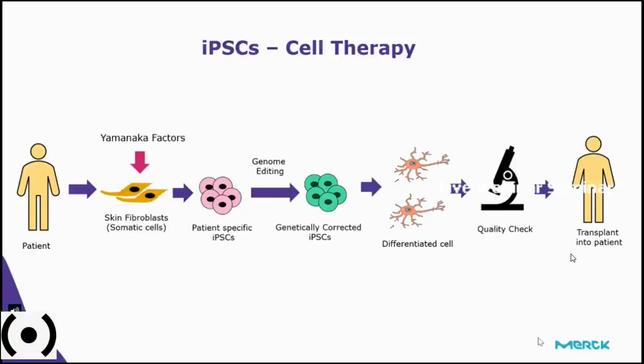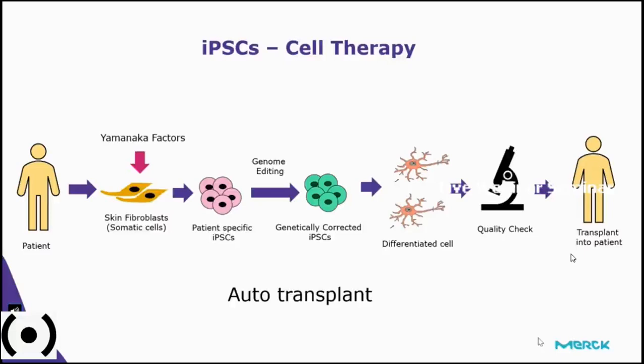These healthy neurons, because they are derived from the patient's own somatic cells, after checking the quality, can be transplanted back into the patient, right? So here we are taking cells from the patient, converting them into healthy cells, and transplanting them back into the same patient. This is known as autotransplant. This is the beauty of cell therapy by iPSCs, right?